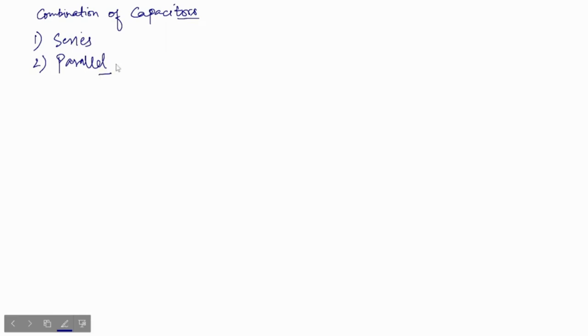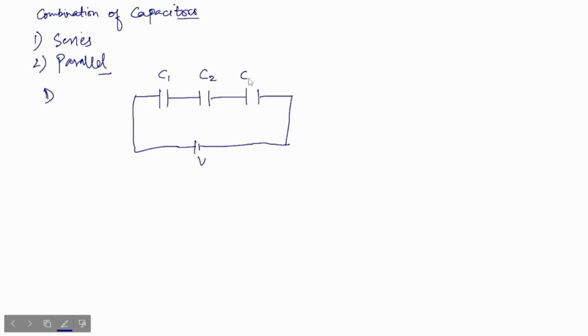In the series combination, the first case, let's say this is our combination. Capacitors are connected, applying voltage V. Now let's say the capacitances are C1, C2, C3.